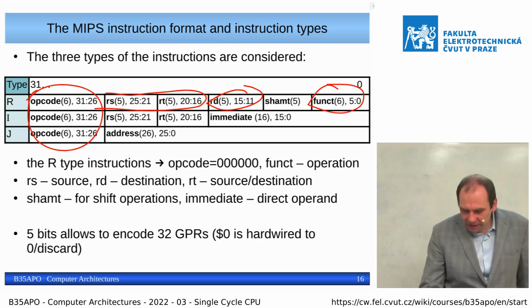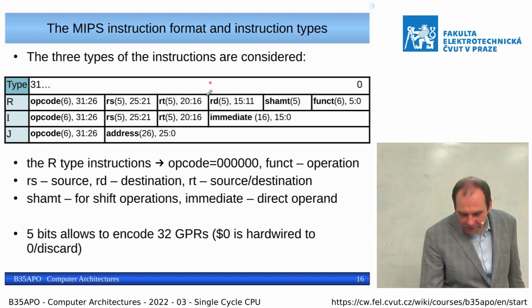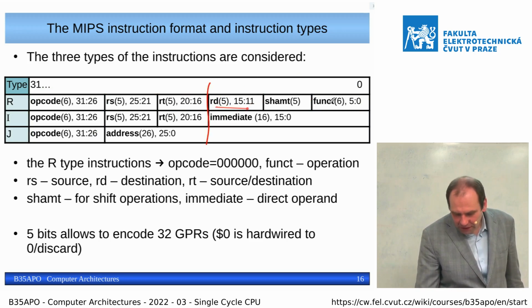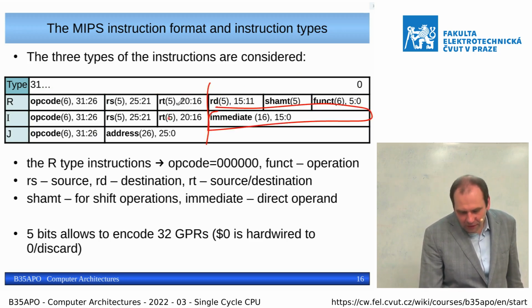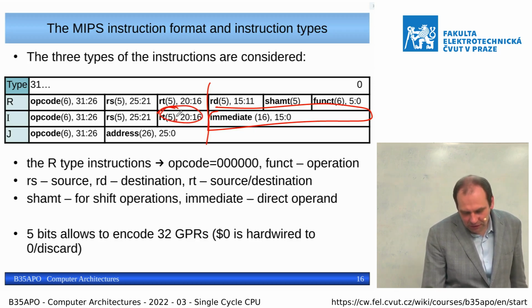And for the immediate operations, we have a 16-bit immediate value, and the registers, where it changes the meaning. In this case, it is a source register, a source register and a destination. Yes, it changes the meaning.